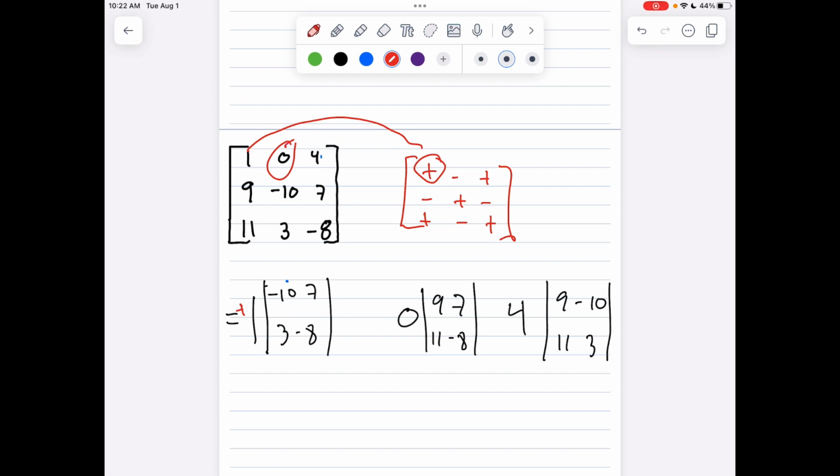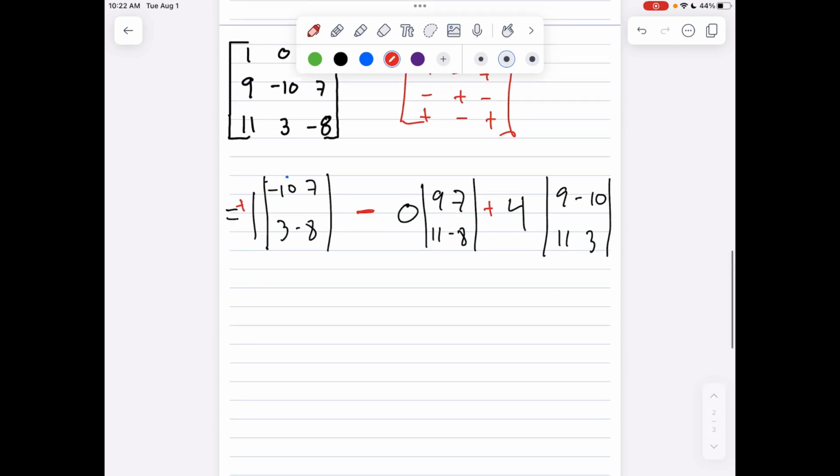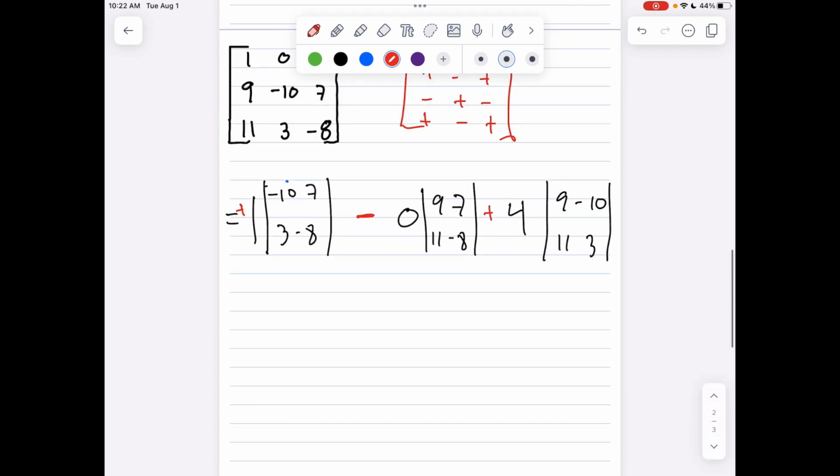The 0 is associated with a minus, and the 4 is associated with a plus. We put those signs onto those numbers, and that's really important. If you don't, you're almost 99% sure to make a mistake. We're going to use those signs in our computation of the determinant.